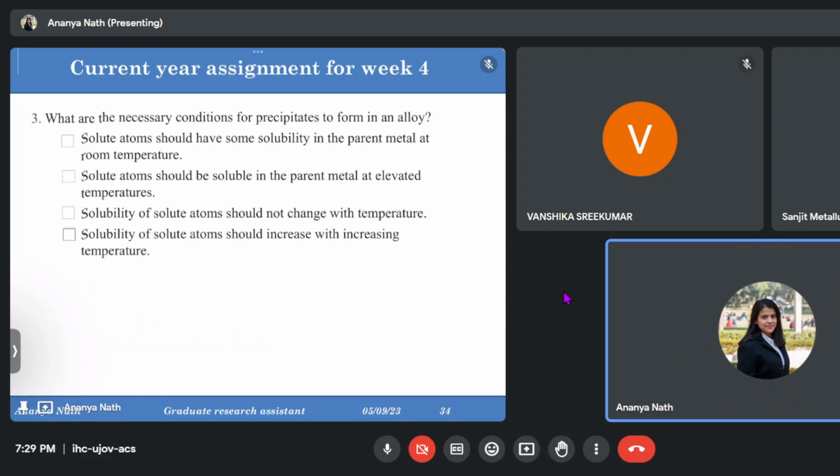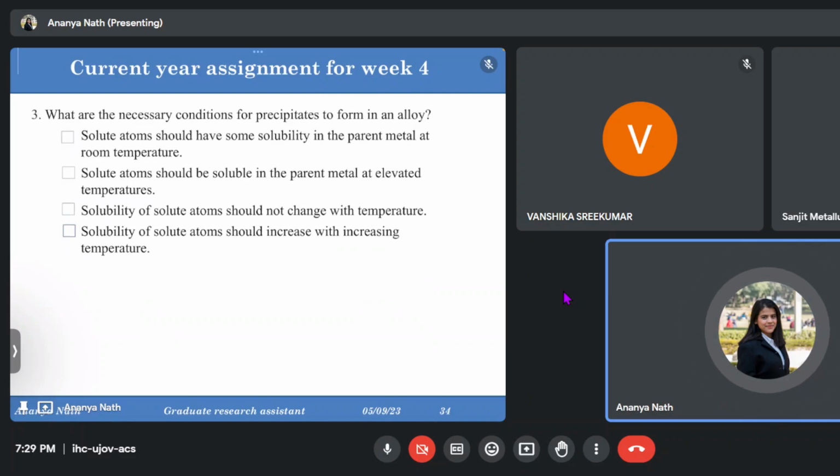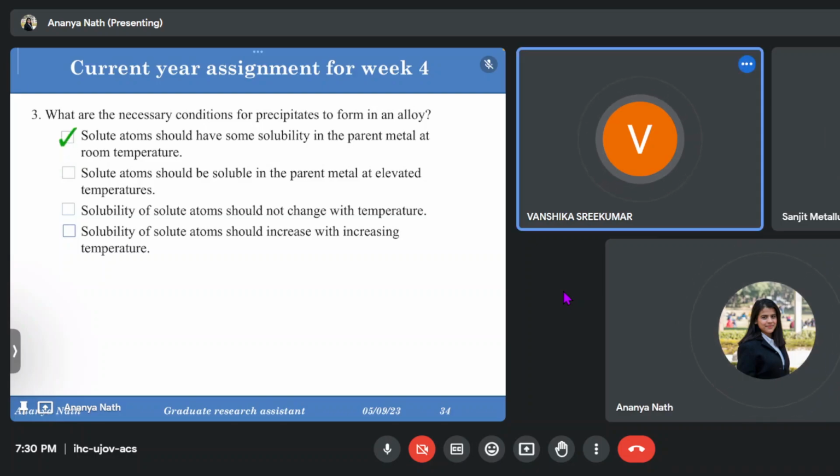The next question is, what are the necessary conditions for precipitates to form in an alloy? Option D. A as well.